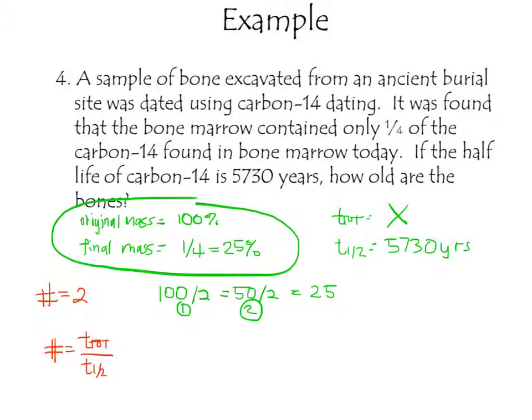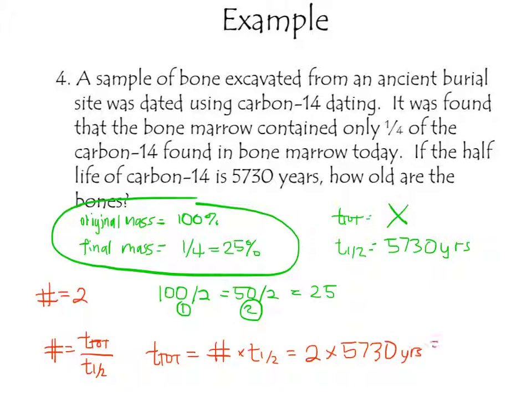And since we want to look for t total, we can rearrange this formula such that we have the number of half-lives times the half-life, which is 2 half-lives times the number of years, 5,730 years.